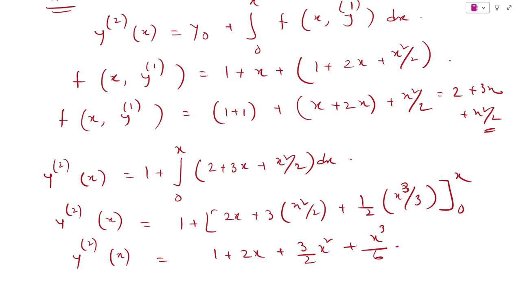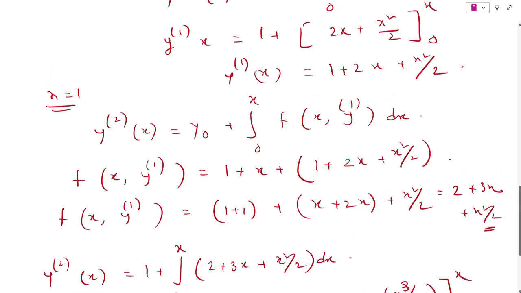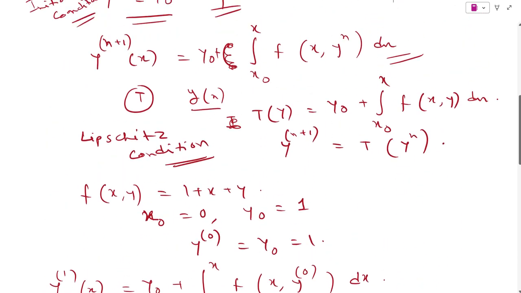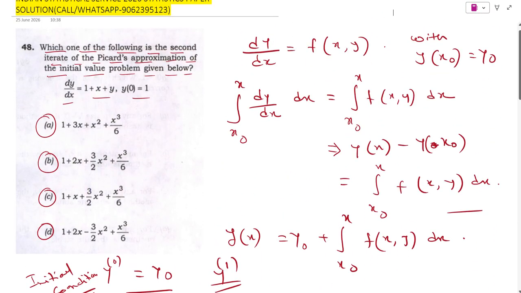Now let's look at the options. Option A is incorrect. Yes, option B is exactly our calculated answer. So therefore the correct option is option B.